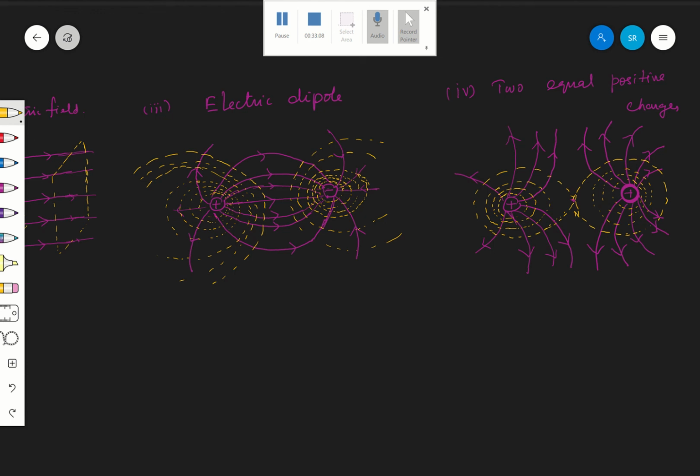Even if you want to draw some more lines, it will be like this, with slight deviation here.